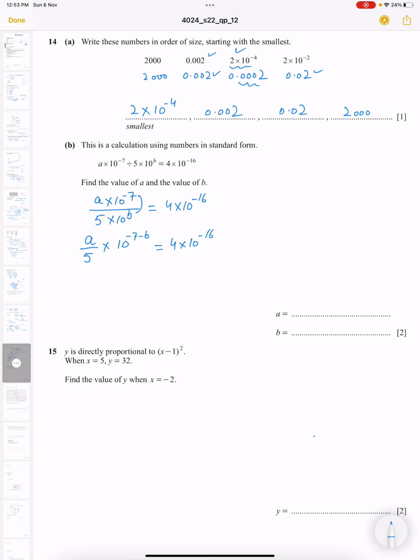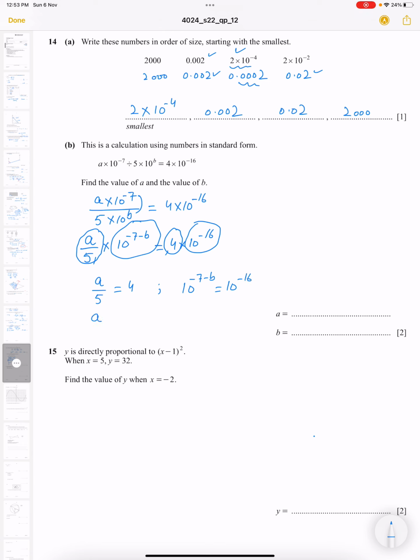Now if you compare both of these sides, we can say that A over 5 should be equal to 4, because these are the numbers multiplying with 10. A over 5 is equal to 4 and 10 to the power minus 7 minus B should be equal to 10 to the power minus 16.